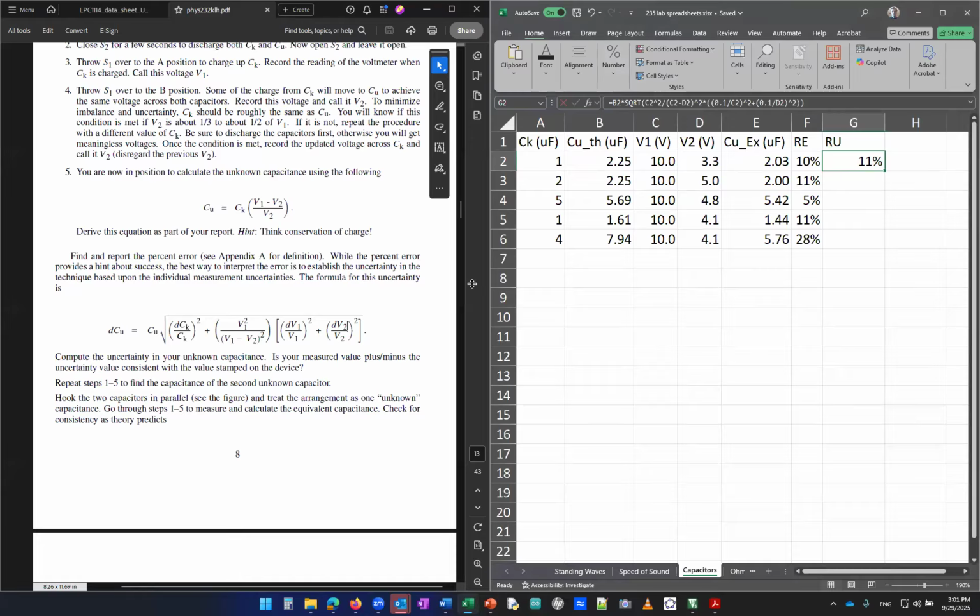Based on the calculations, the uncertainty is about 11% without knowing the dCK. So what I'll do is I'll give you a dCK during the lab so we can add that to the front right here. So what exactly is this dCK? Let's say 0.0, so it takes the space, but it doesn't actually affect us. So the known capacitor, I use a 1, for instance, squared and plus.